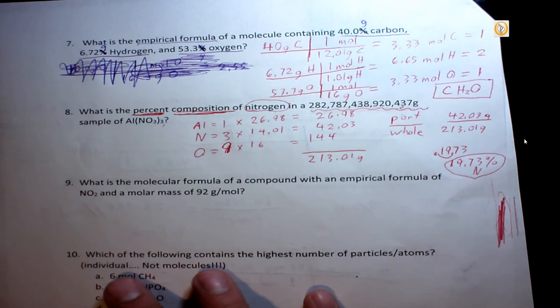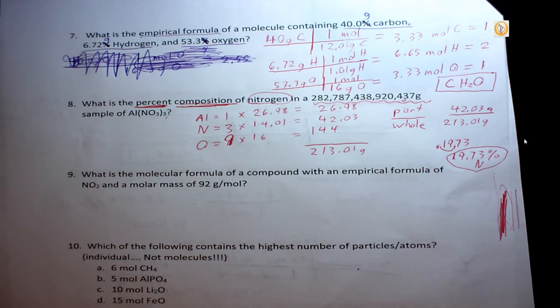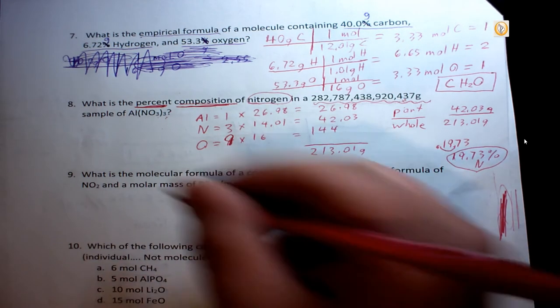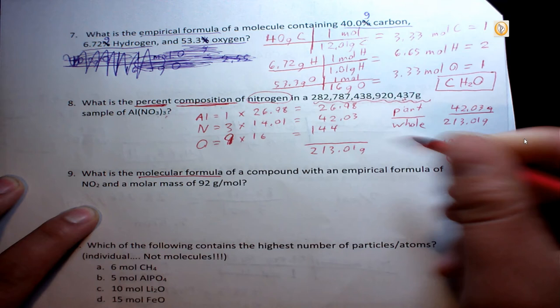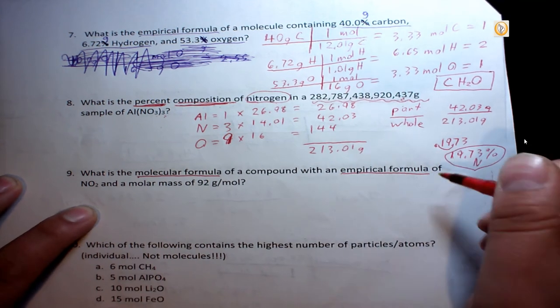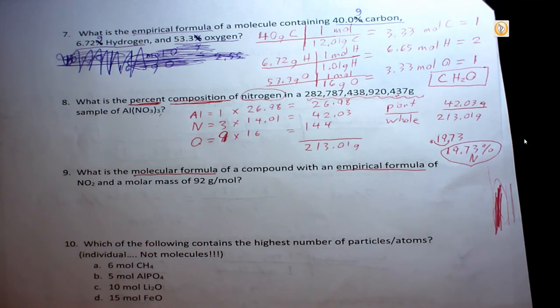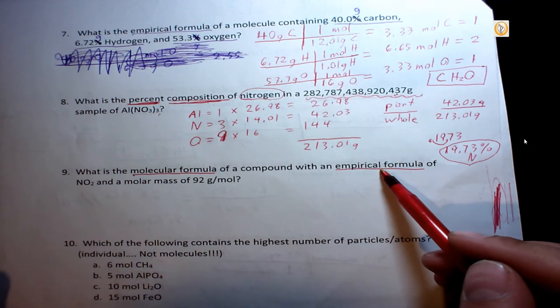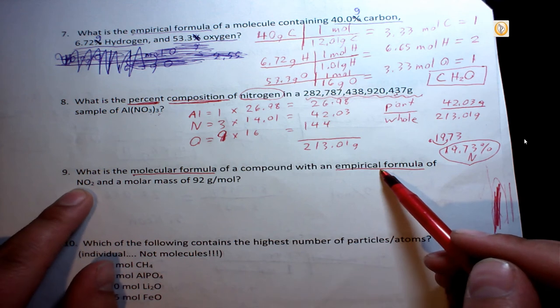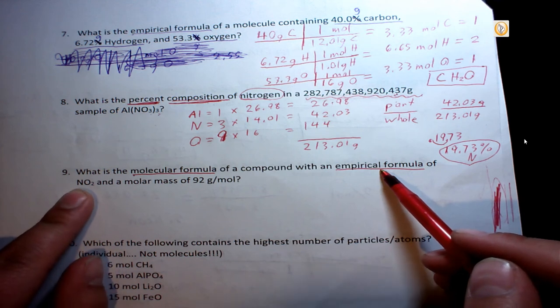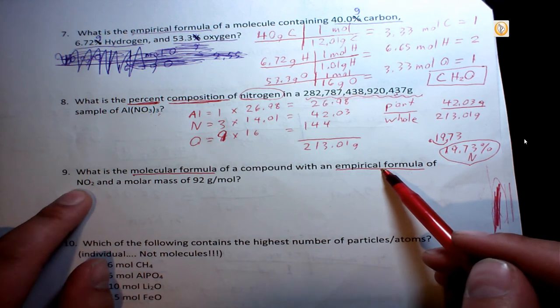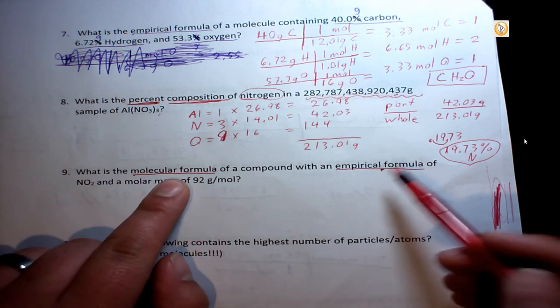All right, next one, number 9. We've got molecular formulas and we've got empirical formulas. So vocabulary terms, things we need to know. For us to do this, we have to know that an empirical formula, in this case NO2, is going to be the most simplified version of a molecule. So if this is the most simplified version, the molecular formula is going to be something bigger.